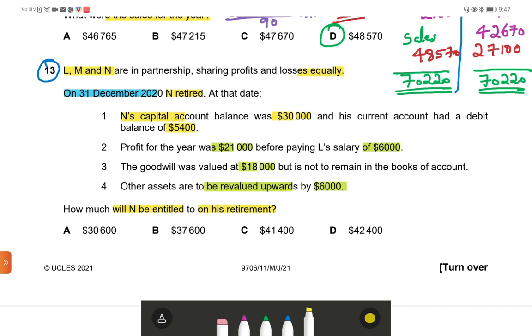The total amount of N: first we calculate the total capital of N, 30,000 and debit balance 5,400.